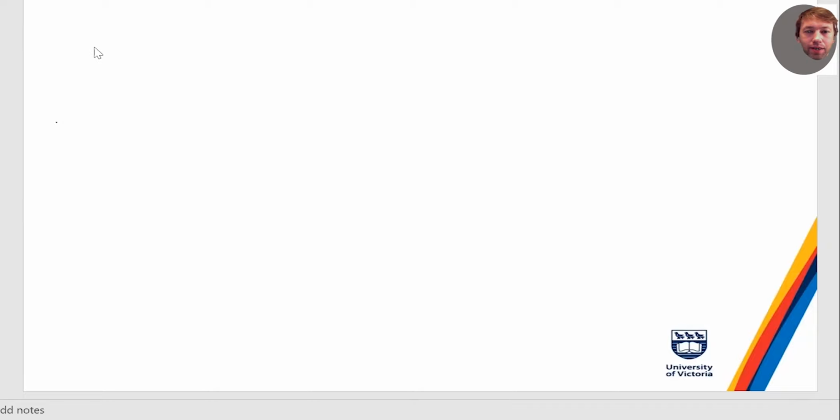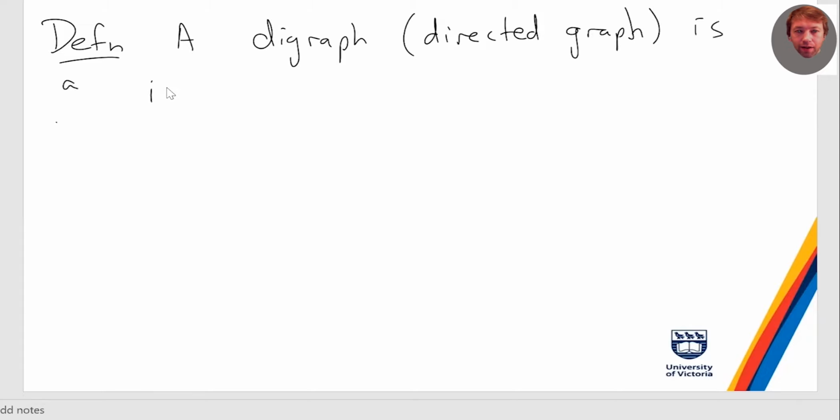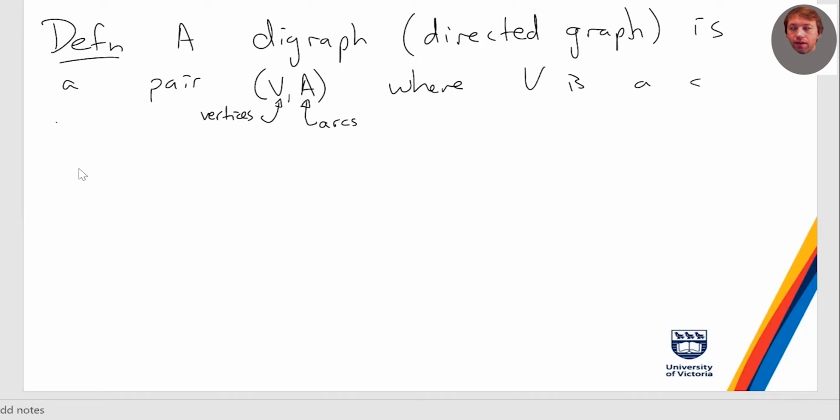So another definition: a digraph, or a directed graph, is a pair. It's very similar to a graph. I'm going to call the edges of a digraph arcs, just for some distinction. So in a digraph, you have vertices and you have arcs, where V is a set and A is a subset of V cross V, meaning that it's a bunch of tuples.